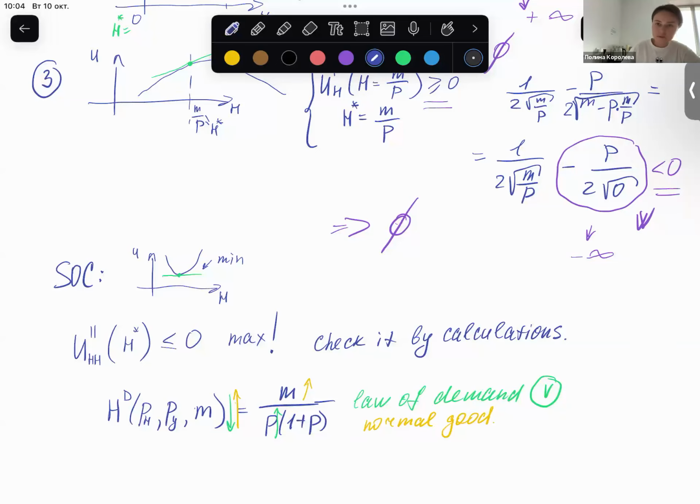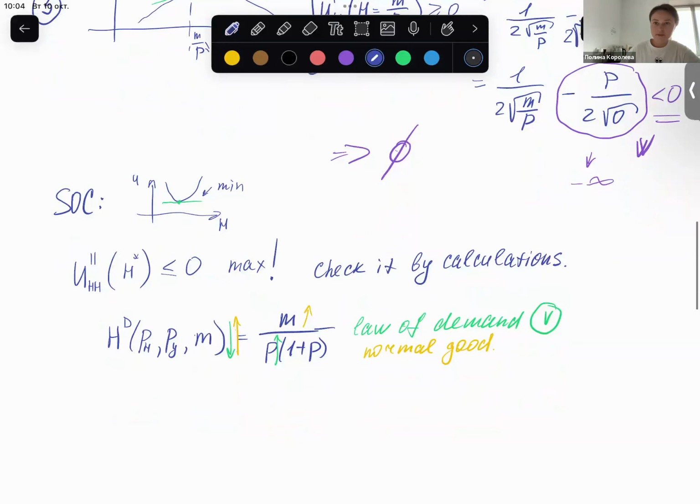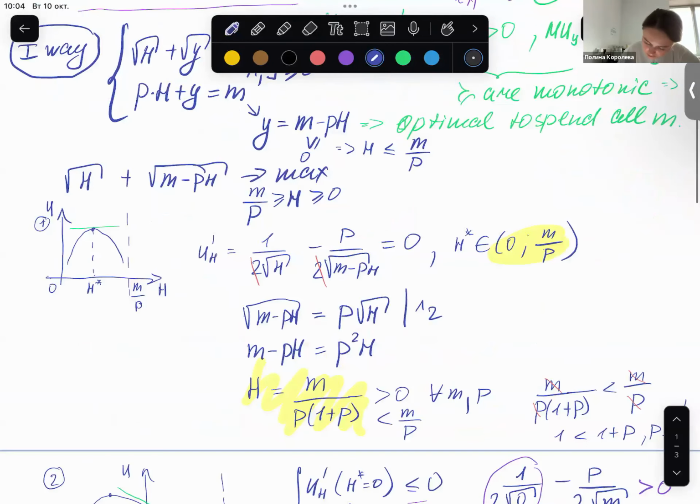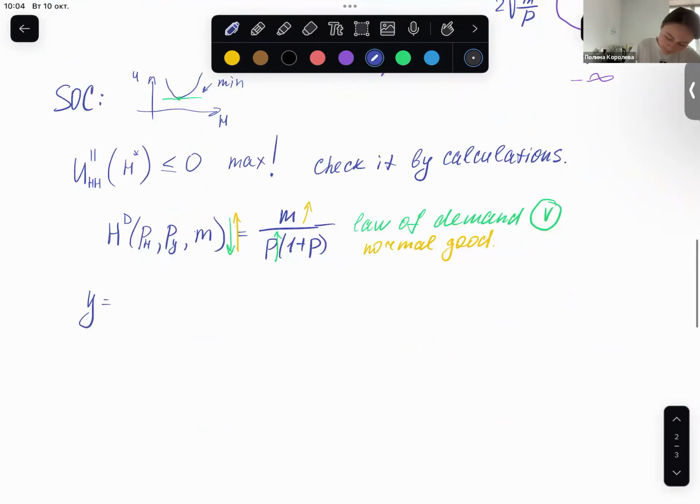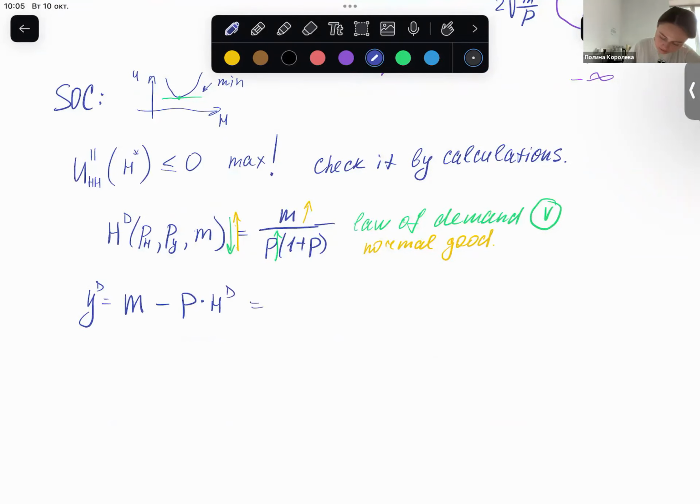Okay, but also we had task to find the demand for the composite good. So we can find it through budget constraint. So we know that composite good, from budget constraint, is M minus P multiplied by the demand for heating. And put this. So this will be M minus price multiplied by M over price, 1 plus price.